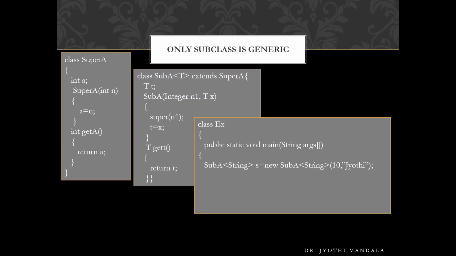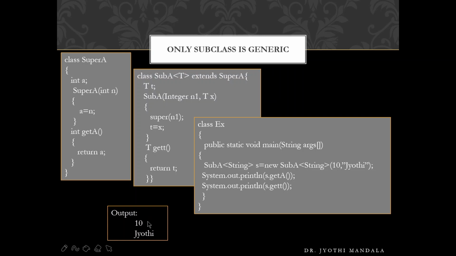Right? Now whenever you are trying to call s dot get a, a value will be returned, and you can call s dot get t where the t value will be returned. So if you compile this program, you will get an output of 10 and Jyoti, whatever arguments you have passed. Only thing you need to observe here is your subclass is a generic class. So this approach is also valid.